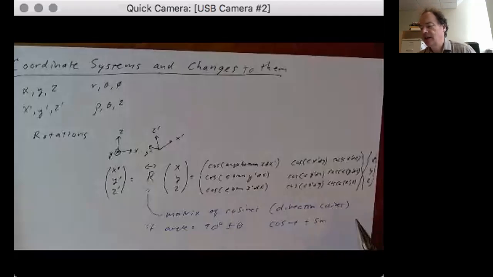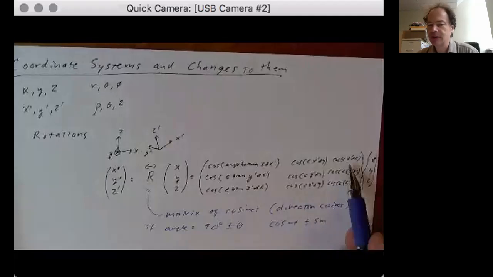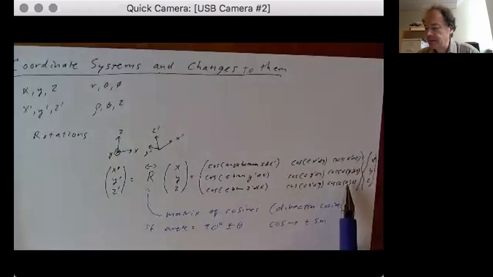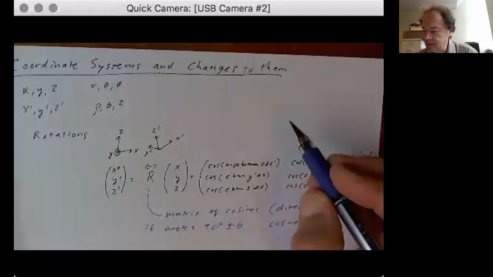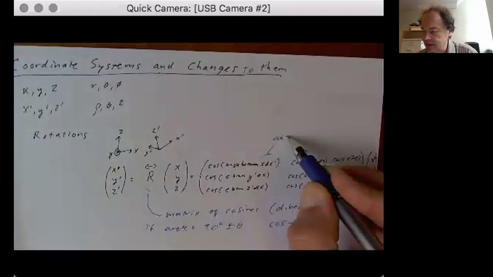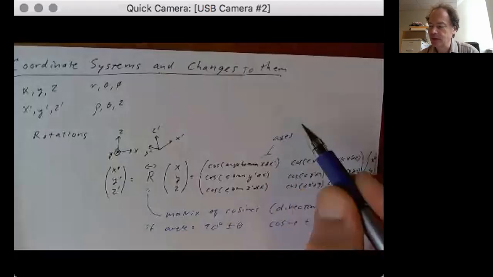And so you get sines from these angles if they're shifted above 90. And so you expect that if, of course, z stayed where it was, then cosine z to z is just a 1, and these other angles are probably still going to be perpendicular. You want your x, y, and z axes to be perpendicular. By the way, these angles I'm talking about are between the axes, old and new.